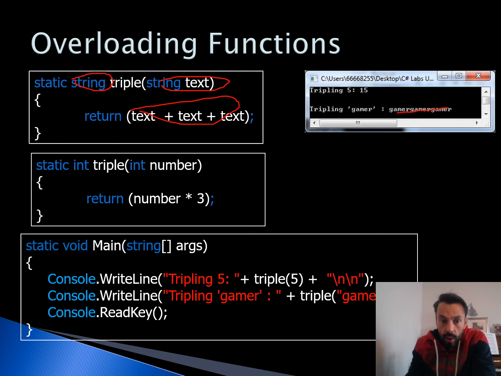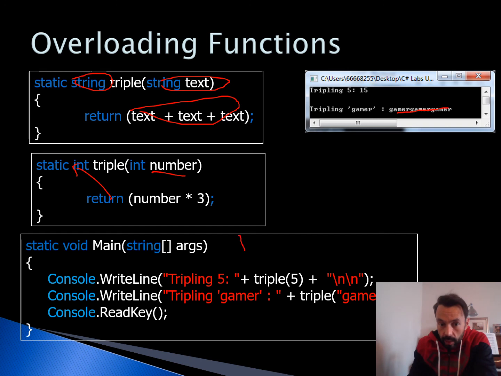And then you've got another triple which takes an integer as a parameter and returns an integer. So it's number times 3. So in order to call those in C#, you've got triple 5 plus triple gamer.